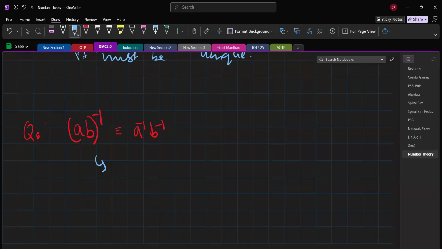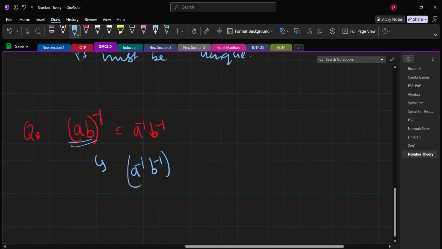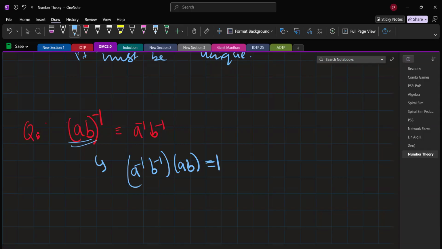So you're saying this just simply follows because of commutativity and associativity. So how do we show that the inverse of AB is just A inverse B inverse? What we want to show is basically that A inverse B inverse times AB must give us 1. That's what we want to show, right? And that would make this the inverse of AB.